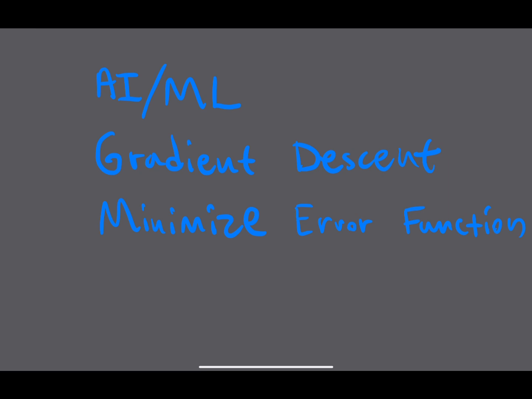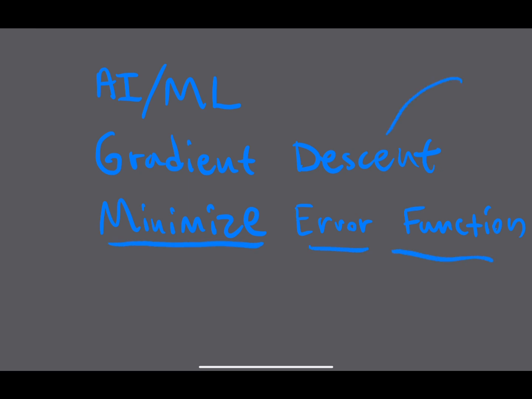So our error function would actually take in the model's prediction for how tall someone would end up being, as well as the actual true answer, the actual label that we have for every person in the data set. And we want to minimize this error function.